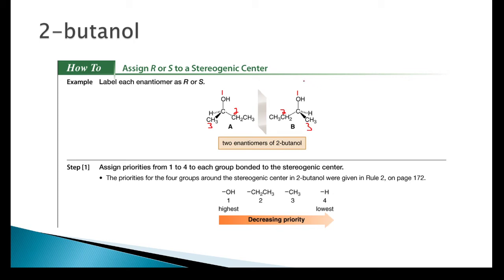And now, 1, 2, 3, we're going to go this way. This is the S form, S-2-butanol. And this is the R form, R-2-butanol. But please, please, please, I know it's like the 10th time I'm saying it within the last 3 minutes, make sure hydrogen goes to the back.